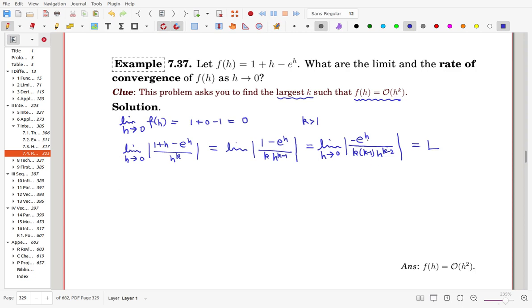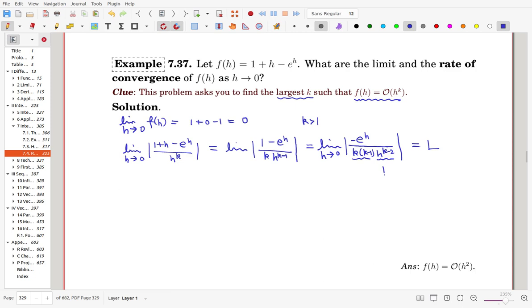The top is a constant converging to 1, and the bottom is a constant times h to the k minus 2. If k is larger than 2, for example 3, then the bottom is approaching 0, so the quotient will blow up.